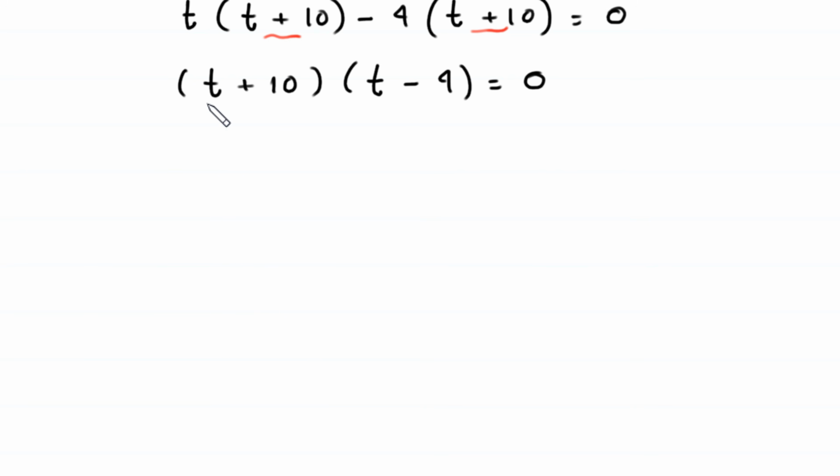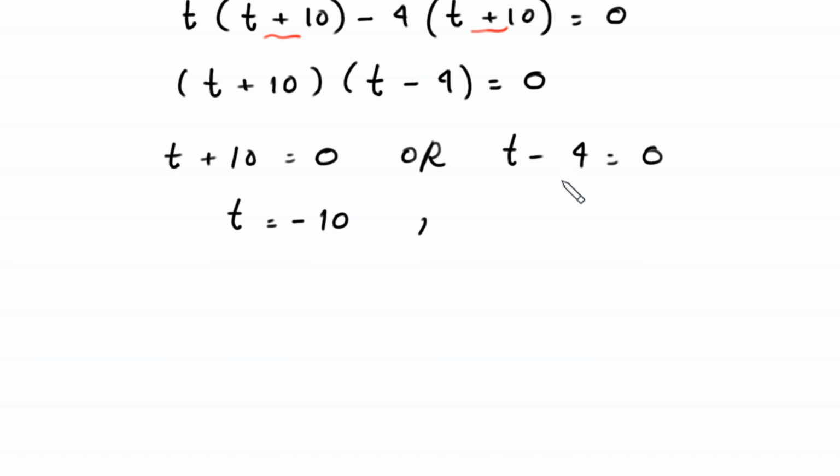Now from here, either t + 10 = 0, or t - 4 = 0. From this equation we get t = -10, and from this equation we get t = 4.